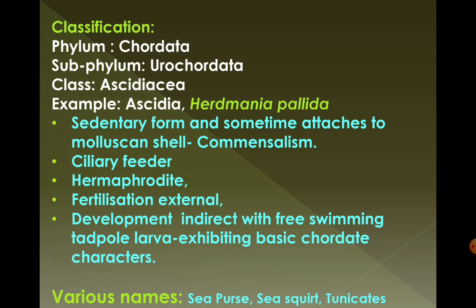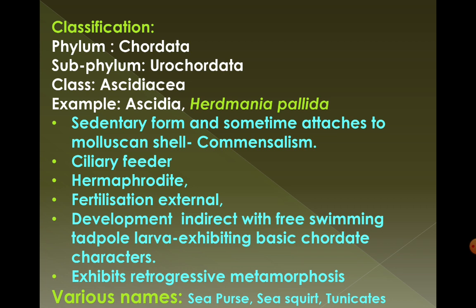And since there is an involvement of a larval form, the development here is indirect, and this ascidian tadpole which is formed shows most of the basic chordate characters when compared to the adult. And then one more unique characteristic feature of this larva is it exhibits retrogressive metamorphosis.